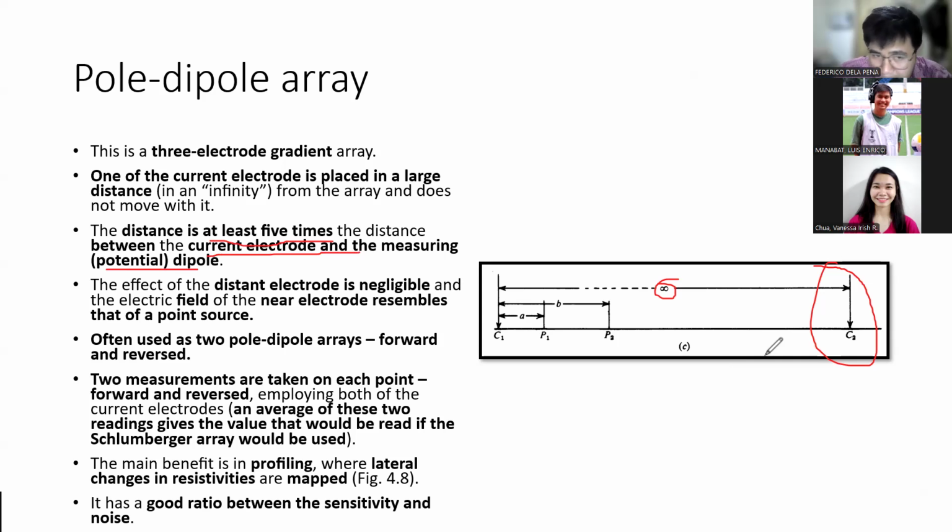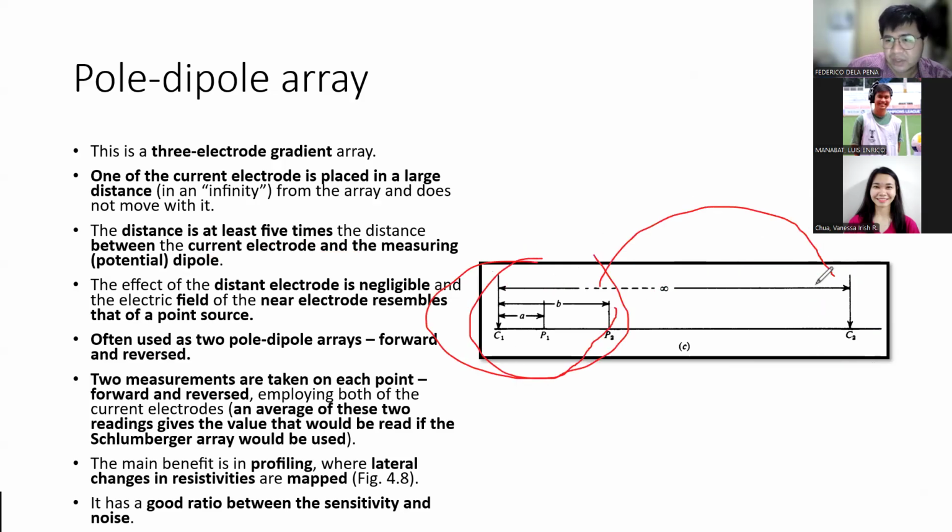So this distance is gonna be like 5 times this distance, right? So what they actually do in a pole-dipole array is they usually do this. They measure at this point and they also measure at this point.